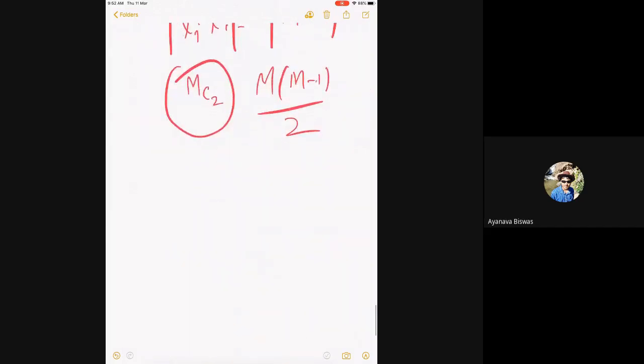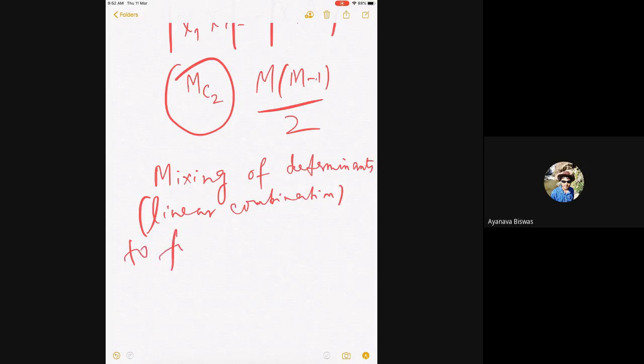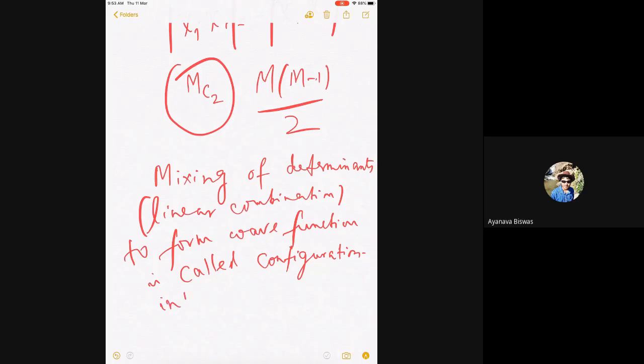This kind of mixing of determinants, or what I call linear combination, to form a wave function is called configuration interaction, or CI.